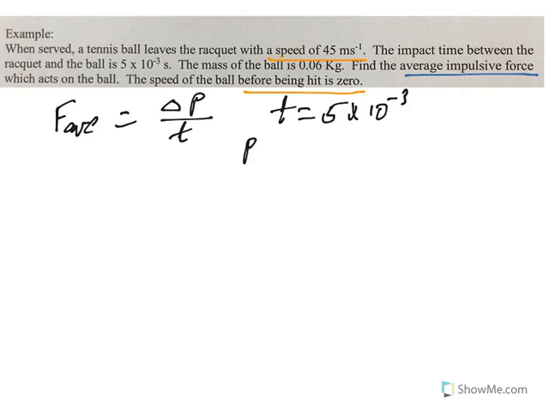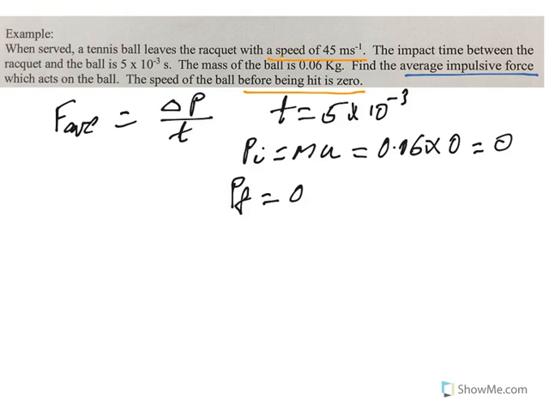So our initial momentum, which is m times u if you like, initial speed, is 0.06 times 0, which of course is 0. Our final momentum, which is the mass times its speed after it's been hit, so 0.06 times 45, and we find that comes out to 2.7.